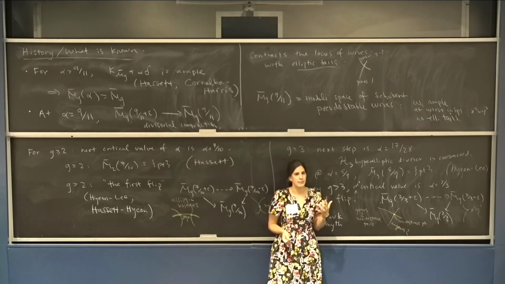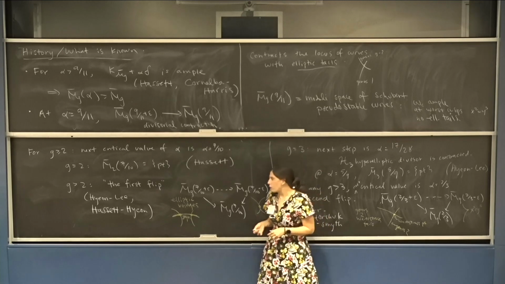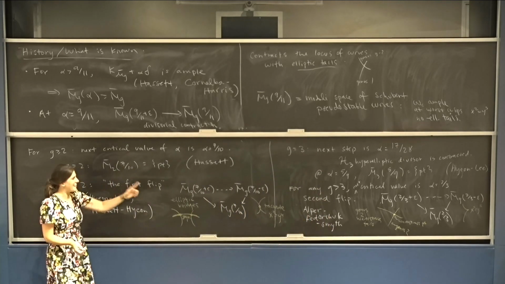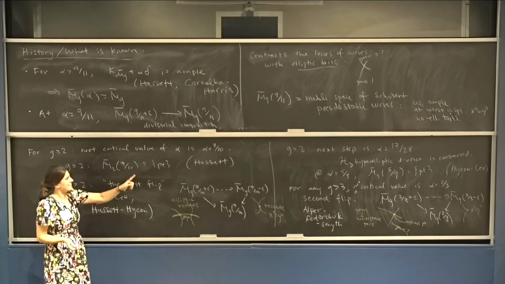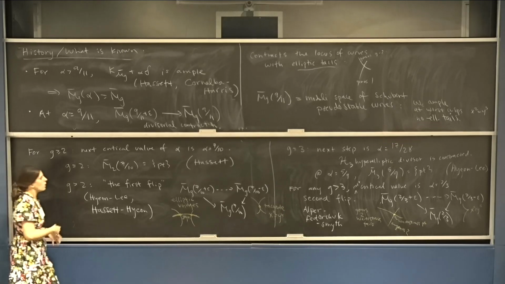This K_M + αδ is not ample on that locus for some sufficiently small alpha. So you can't just naively follow this pattern and say, next, x squared plus y to the 7th. There's some subtlety.